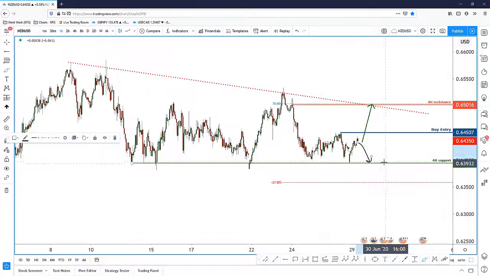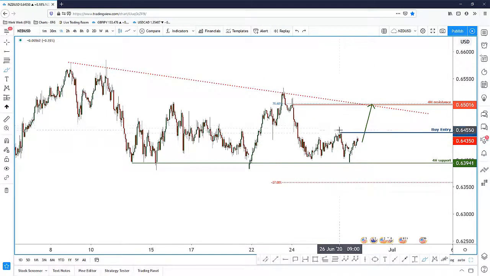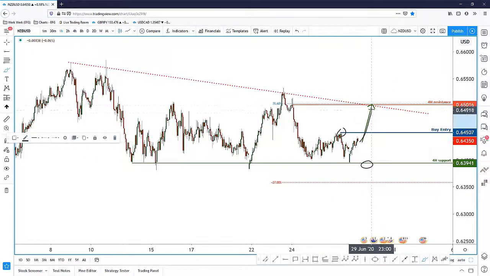I'm not saying that price will, but there is a chance that price can come over to the 4-hour support, and then you can go long and play towards the 4-hour resistance. Ultimately, if you are uncertain whether you want to wait for the buy entry or the 4-hour support, if you want to enter now, that too is a possibility.